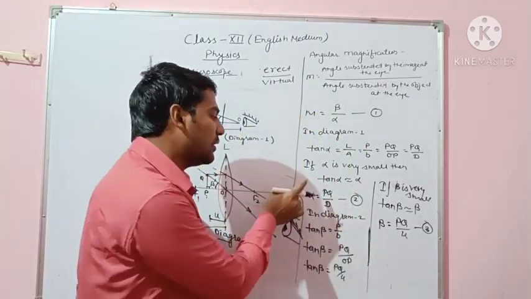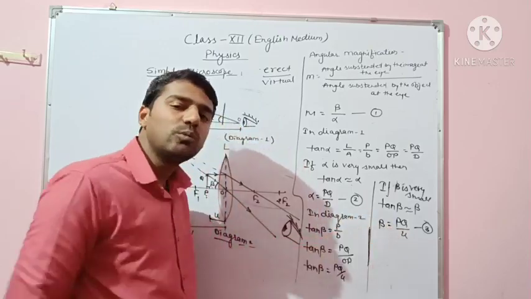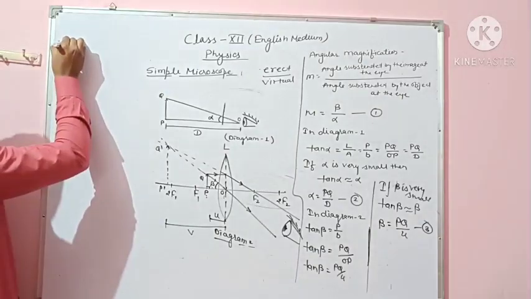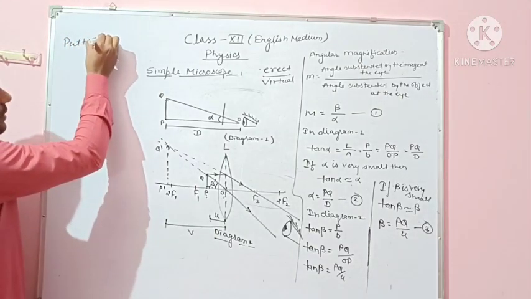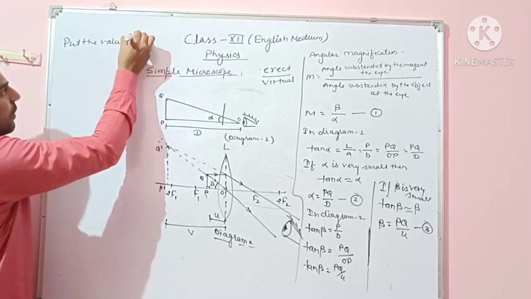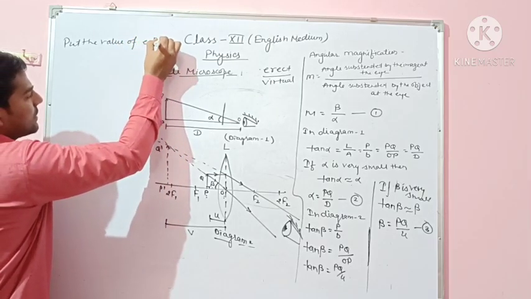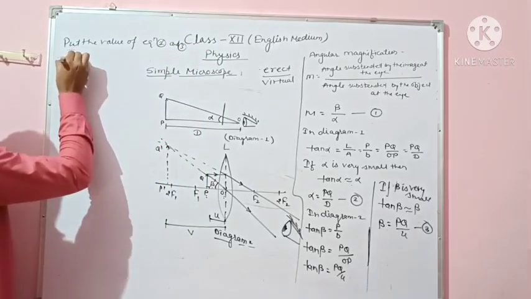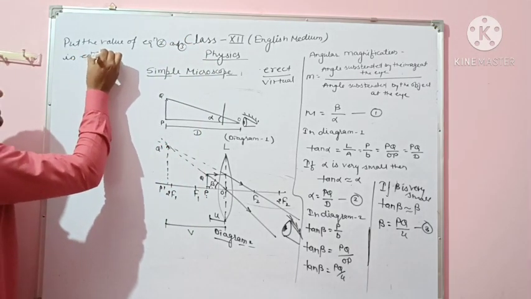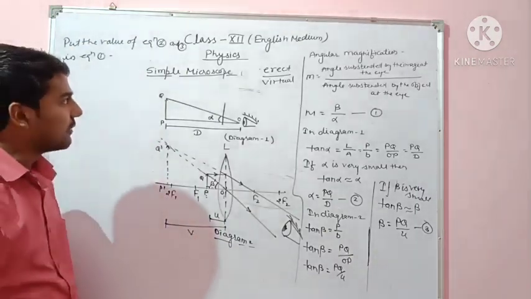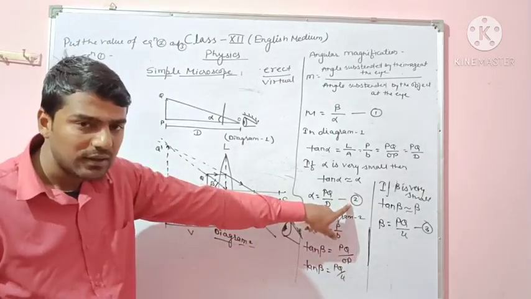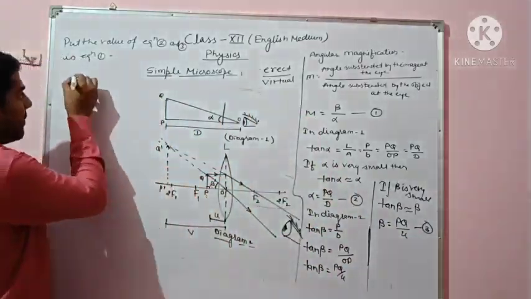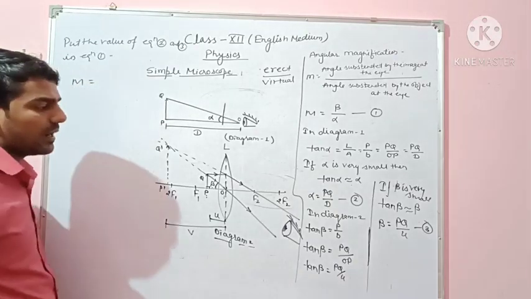So we put the value of alpha from equation second and beta from equation third in equation first. So M equals, what is the value of beta?